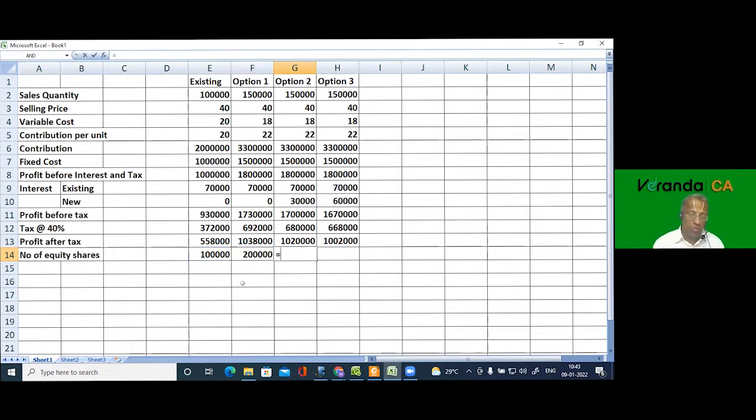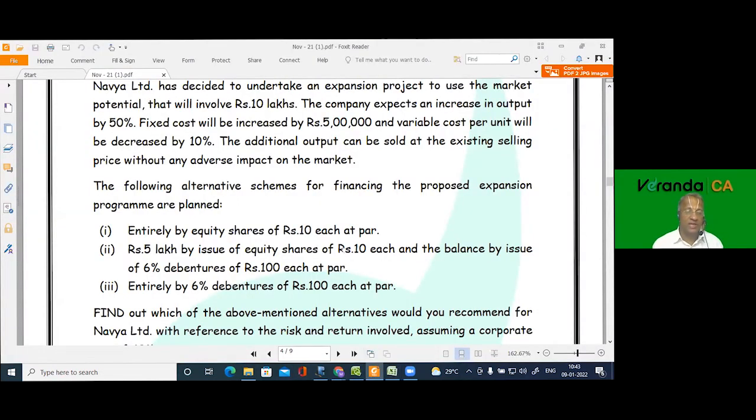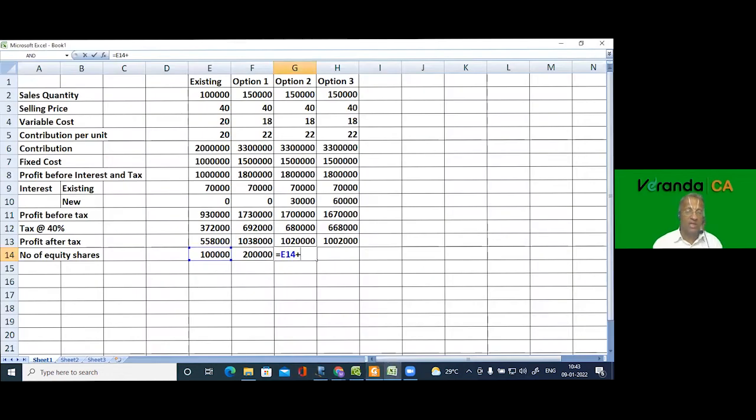Here 1 lakh plus 50% by equity only at par value, 5 lakhs divided by 10. So the last case entirely by debt, equity will remain the same. So we can take up earnings per share.